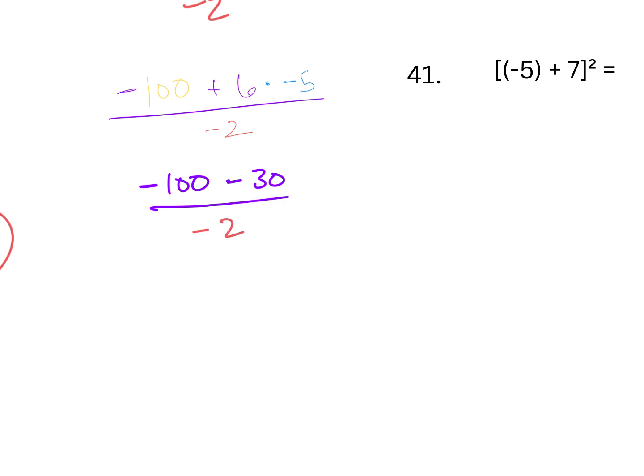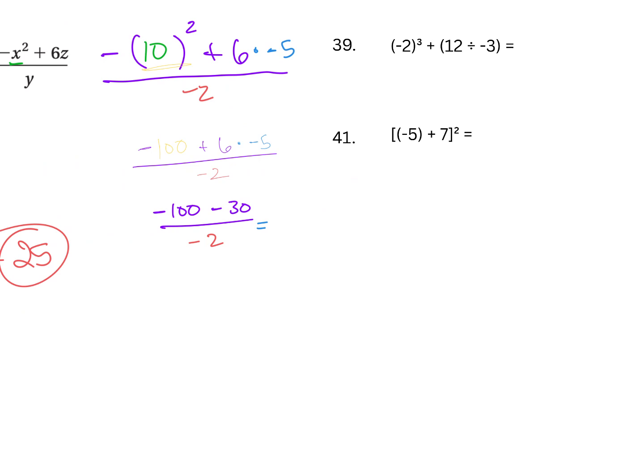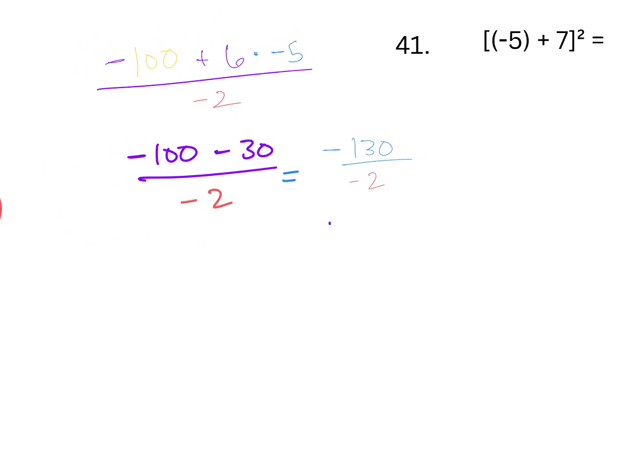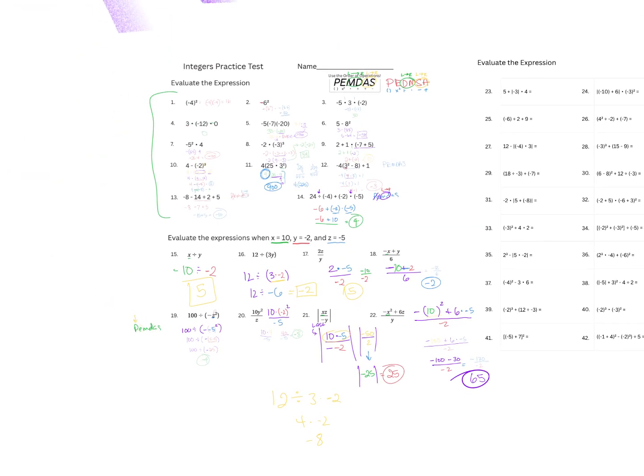On top, we can simplify that to be negative 130 over negative 2. This is positive 65. Okay, we've done the entire front page.